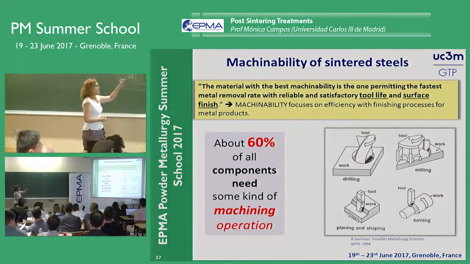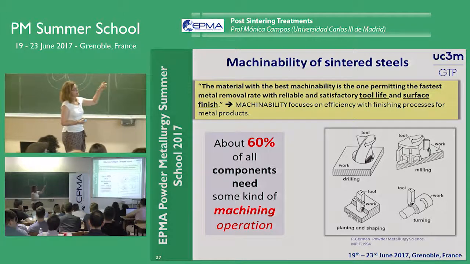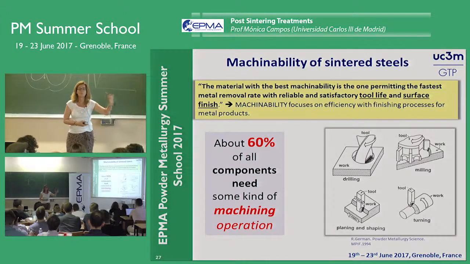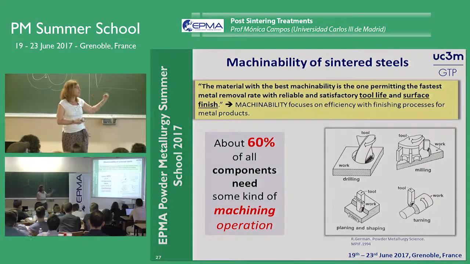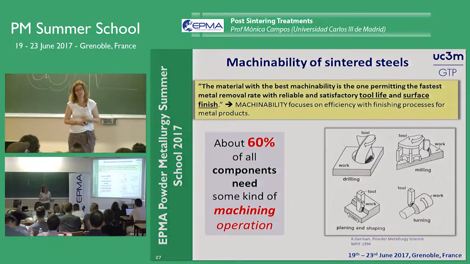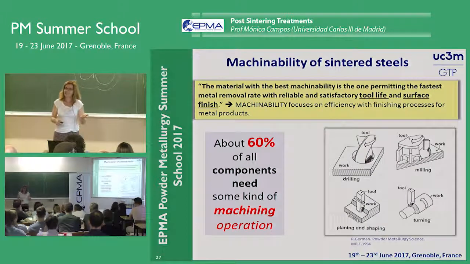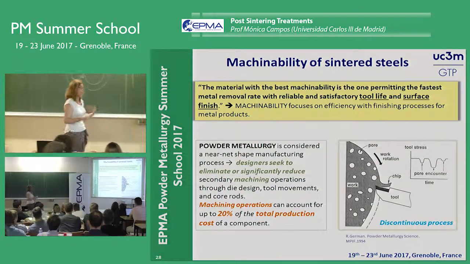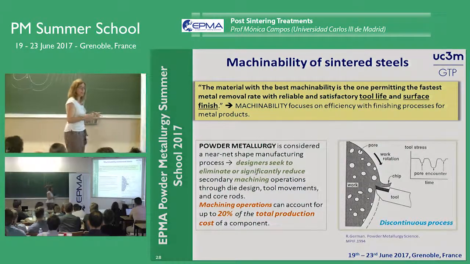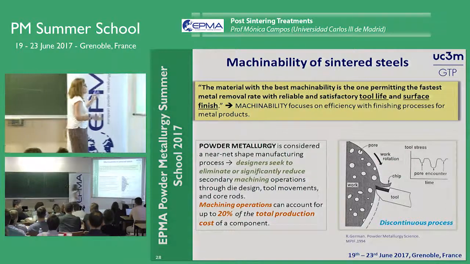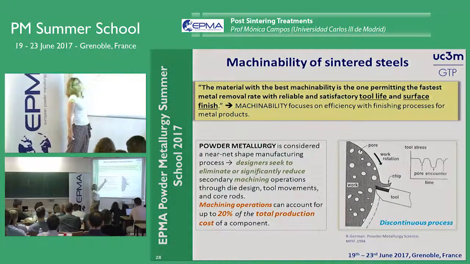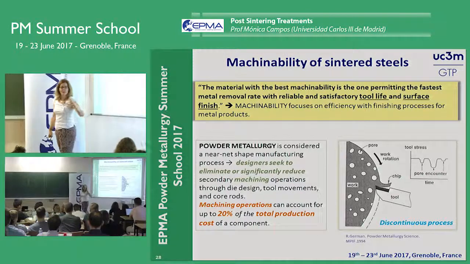And the question here is that about 60% of PM components need some kind of machining operation. But what happened here? Because when I start with PM components, I always say it is a near net shape manufacturing process.